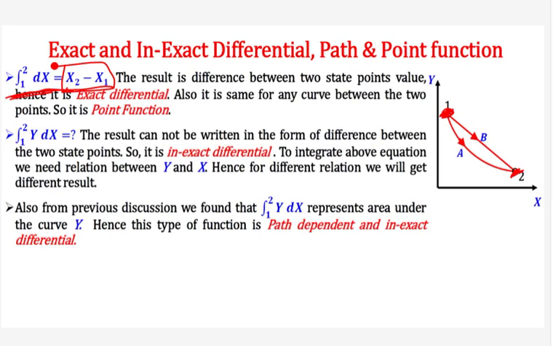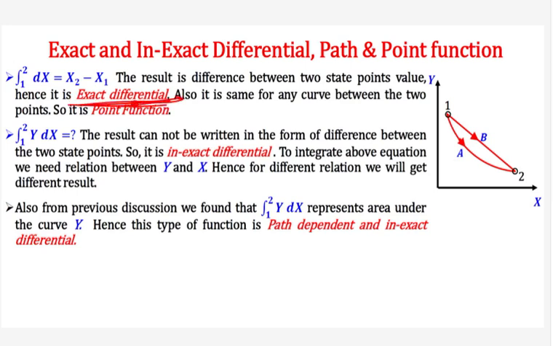And it doesn't matter which path I am actually following. You follow any path, but the value of integration of dx will be x2 minus x1 only. If this is the case, this is called an exact differential.